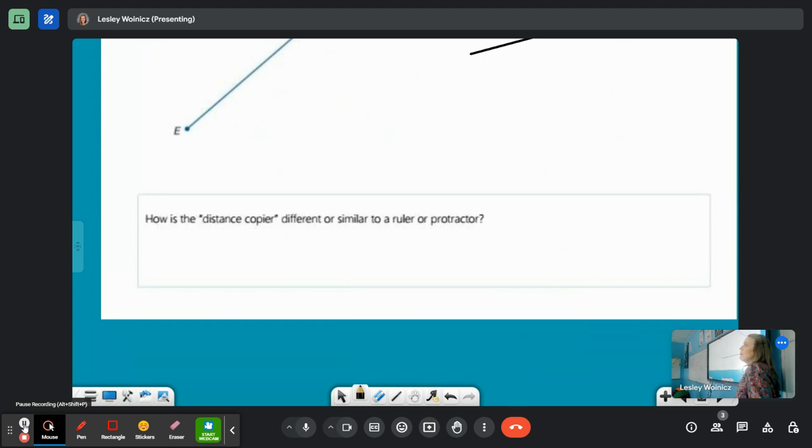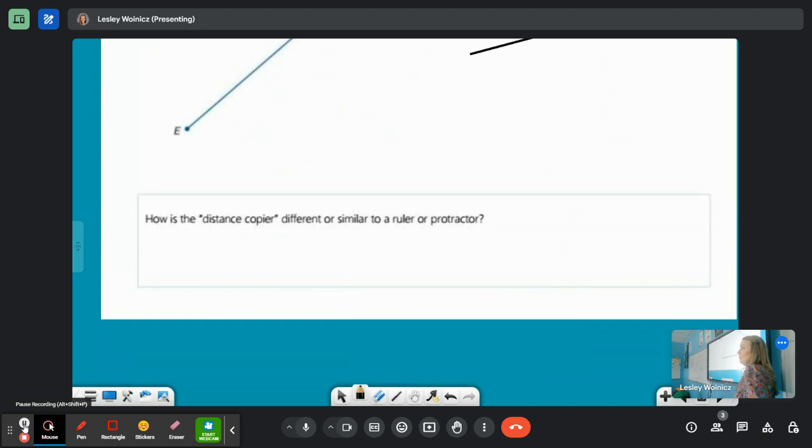If your ruler had markings to just the quarter inches, would that be a better or a worse copy than if your ruler had markings to like 16ths of an inch? Worse. Okay, so a quarter of an inch is going to be less precise than a 16th of an inch, right? Does it matter for markings with a compass? Does it matter if we're in centimeters or inches?